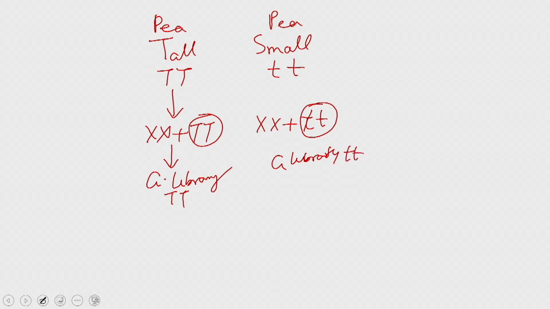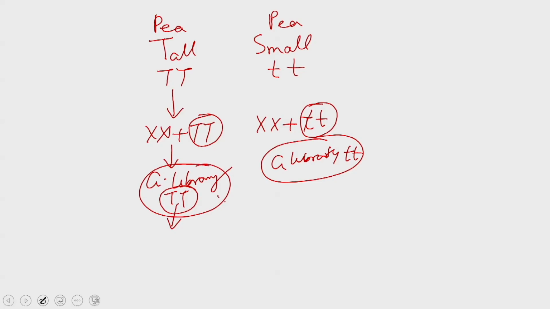Now, you have to look for this particular gene in this library, and that will be absent from the other library. So, you have to do a subtractive analysis, and that will give you a gene which is TT, and that is the gene responsible for tallness in the pea plant.